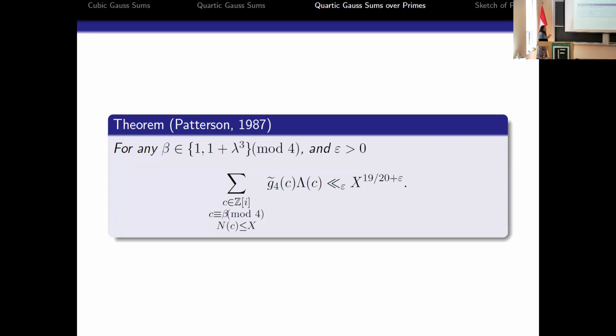So in particular, his result gets equidistribution of the nth Gauss sums on the unit circle. The 19 over 20 is there, but there's another term that, depending on n, might be dominant or not.